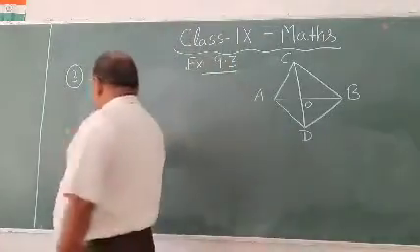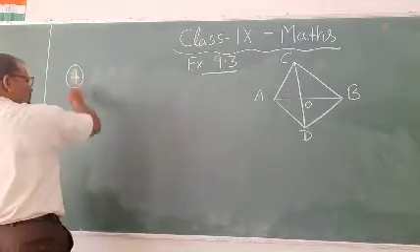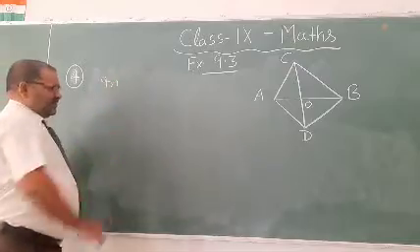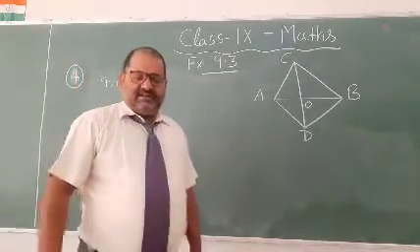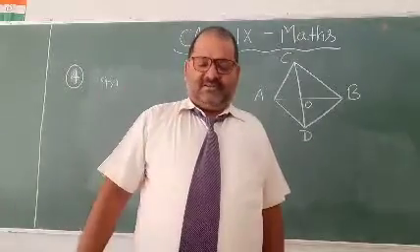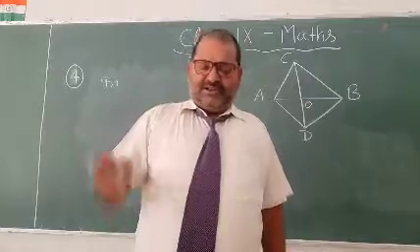In question number 4, in triangle ABC, AO is the median. Why is AO the median?